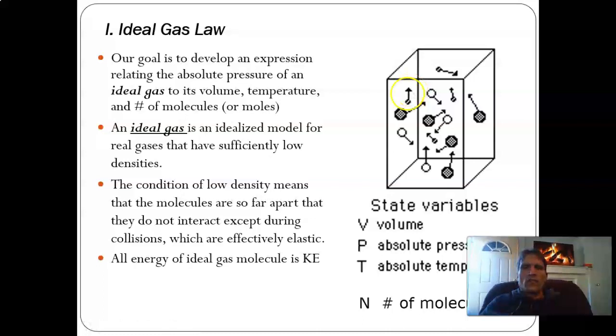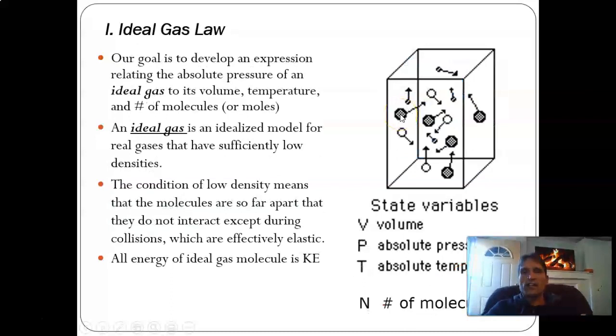For gases, there's typically a certain set of variables that we can use to describe what's called the state of the gas, and we call these state variables. We'll get a little more into what a state variable is later, but these variables define the gas in a given state. So the volume of the container that the gas takes up, or the pressure, which is basically due to the collisions of the molecules smashing into the walls.